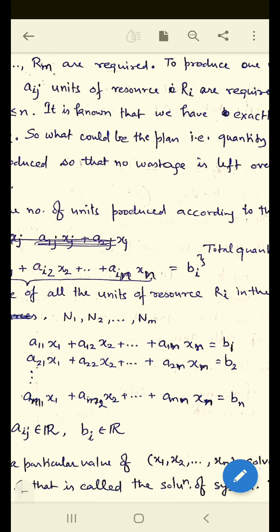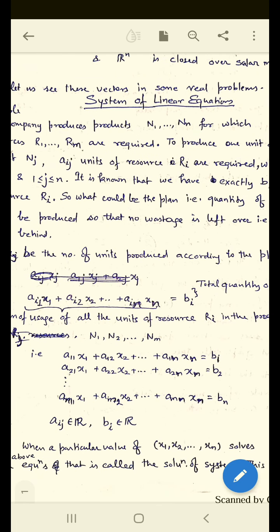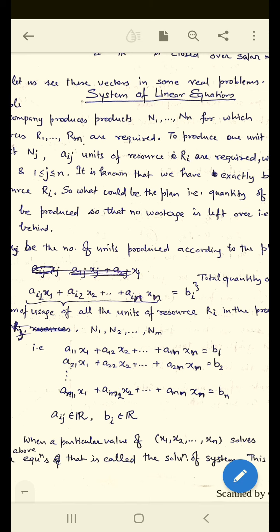Similarly, you can make other equations, and if they can be satisfied by the same values of x1, x2, up to xn, then that particular solution does the magic: there will be no wastage and exactly x1, x2, up to xn amounts of the products will be made. So this is the idea of a system of linear equations.